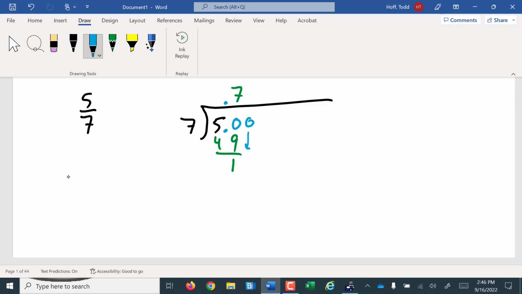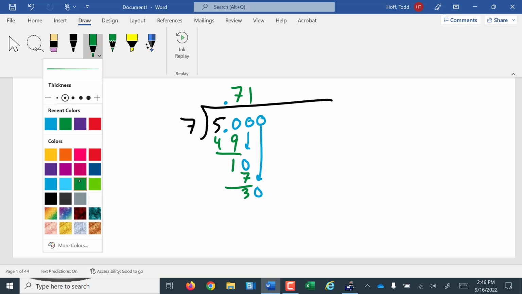Add a 0 and bring it down. 7 into 10, once. 1 times 7, 7. What's left? 3. Add a 0 and bring it down.